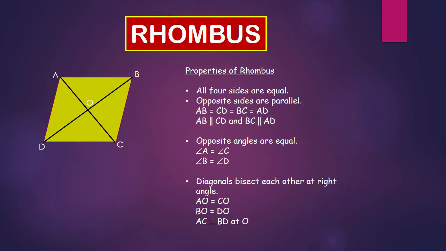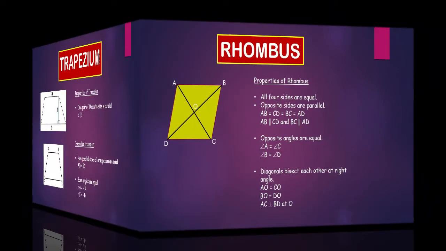The diagonals of rhombus bisect each other at right angle. So this means in this rhombus AO is equal to CO and BO is equal to DO. AC and BD bisect each other at point O, making a right angle. Now the angles of the rhombus. Here the opposite angles of rhombus are equal. So in this rhombus, angle A is equal to angle C and angle B is equal to angle D.